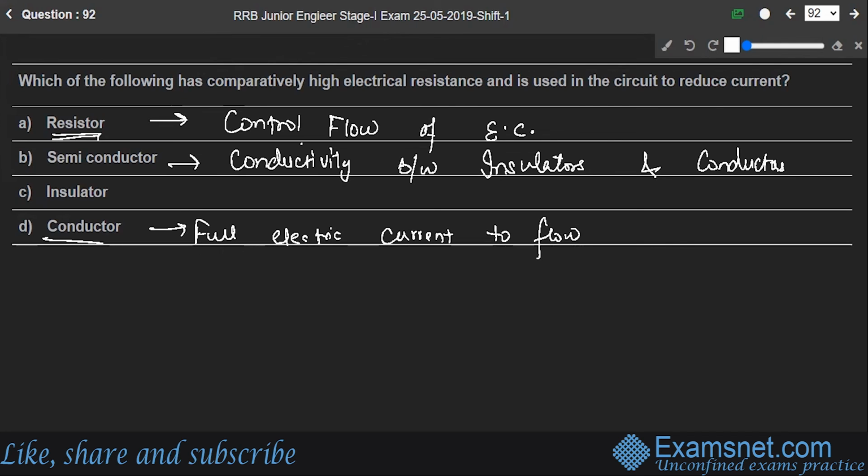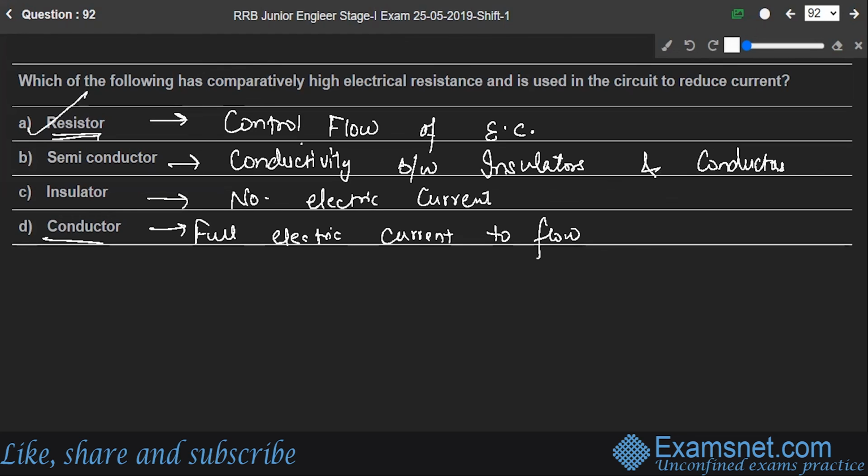For example, germanium, silicon. These are the materials whose electric conductivity at room temperature lies between insulators and the conductors only. And the insulators do not allow any electric current to flow. No electric current flows through them.